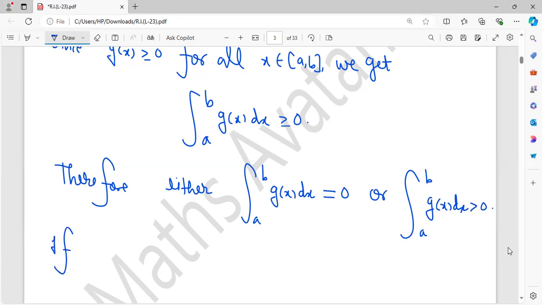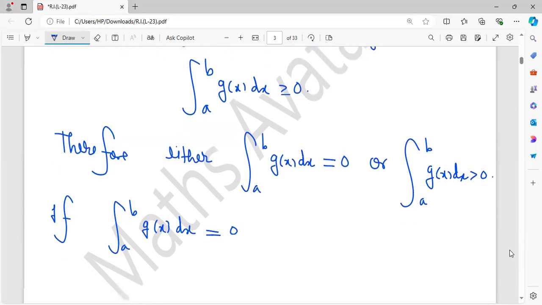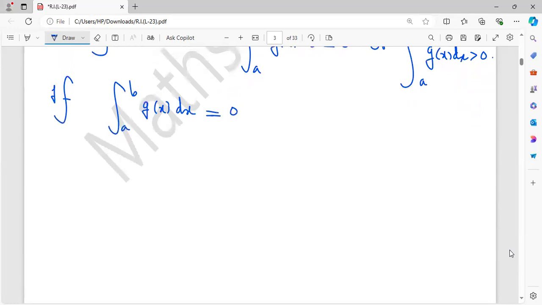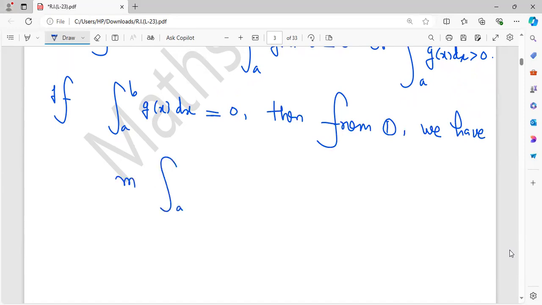Now, if the integral from a to b of g(x) dx is 0, then from equation 1, we have: this is 0, so 0 is less than or equal to the integral from a to b of f(x)g(x) dx.